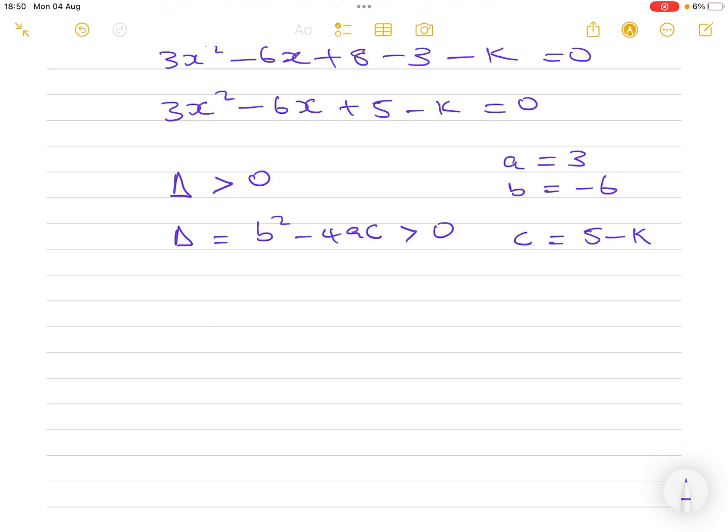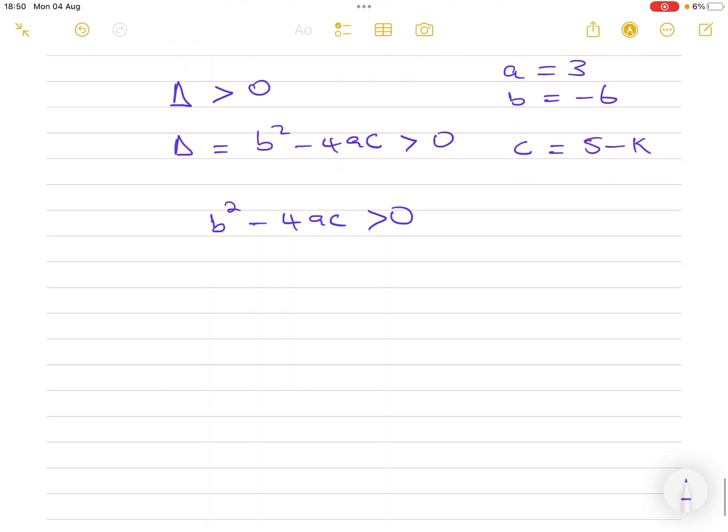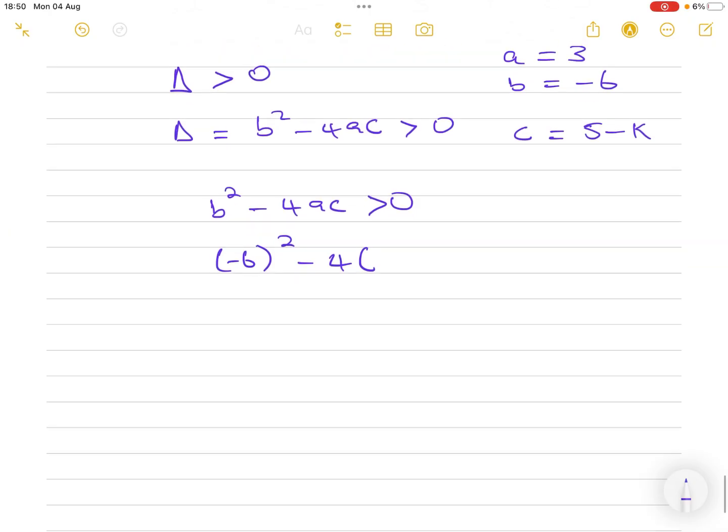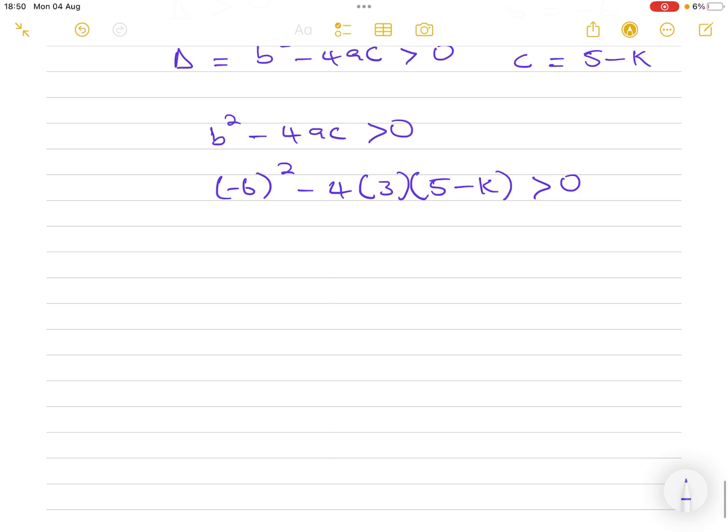So b squared minus 4ac is minus 6 squared minus 4 times 3 times (5 minus k), and it has to be greater than 0.